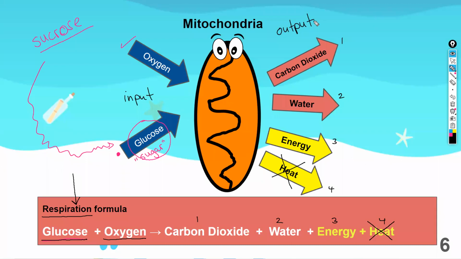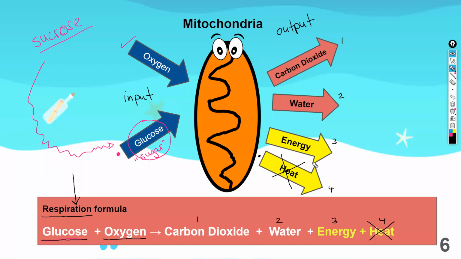Now, here's the thing. Some of the things that we are putting out, let's not talk about the heat. I'm going to leave out the heat for the time being. So let's concentrate on carbon dioxide, water, and energy. Anytime you put something into a machine, hopefully you get something coming out of the machine.